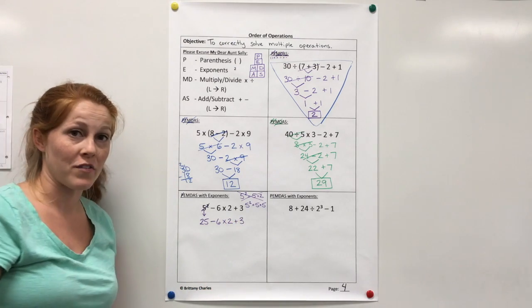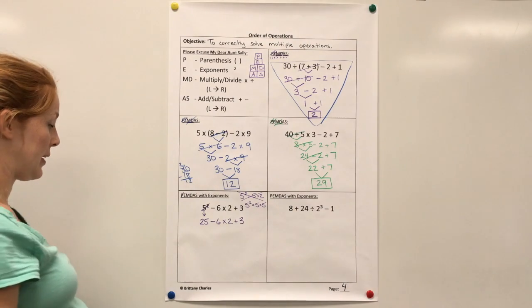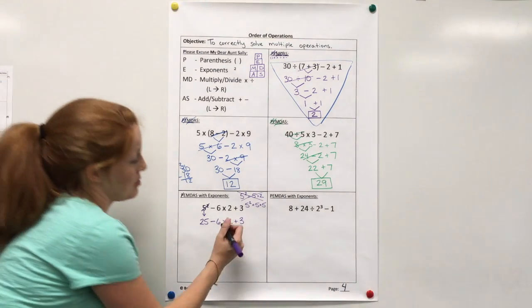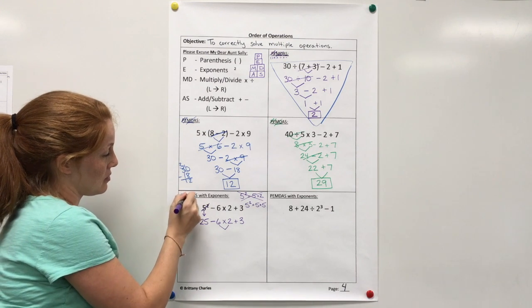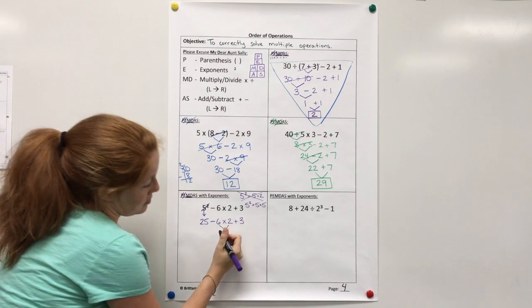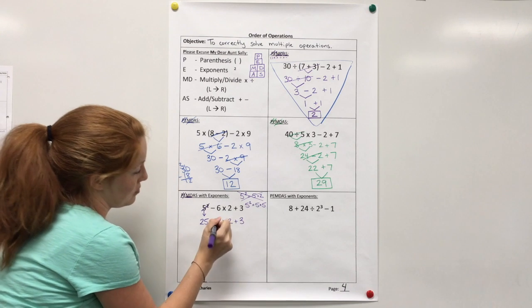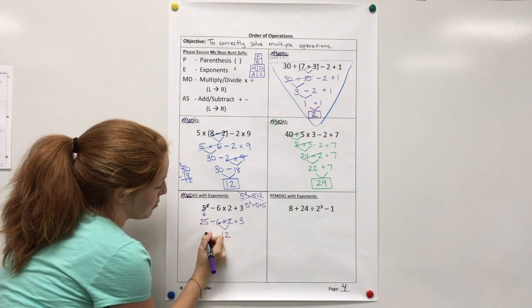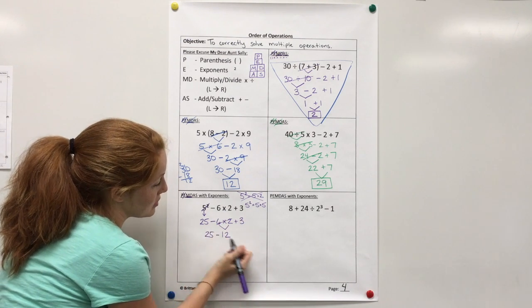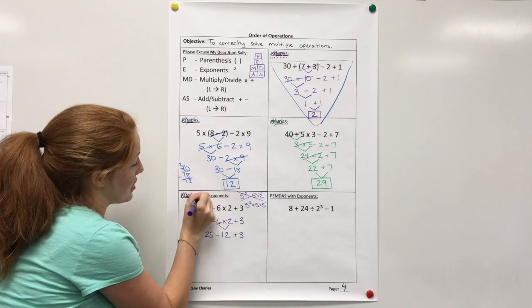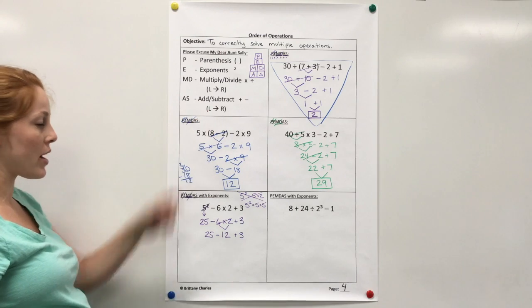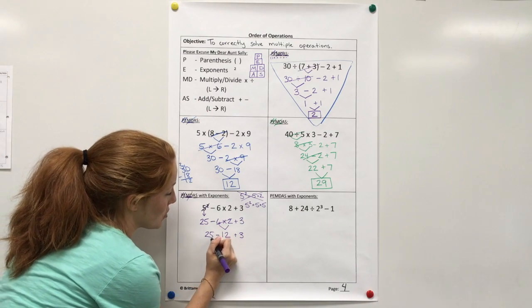Okay, go ahead and finish solving that. I multiply next. 6 times 2 is 12. This goes away. I bring down the 25 minus and the plus 3. Next I have add, subtract. Don't forget left to right. So first I have to do this one.